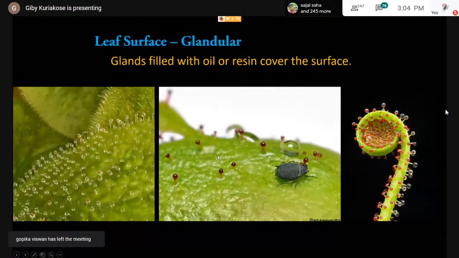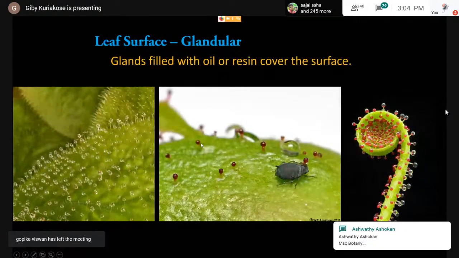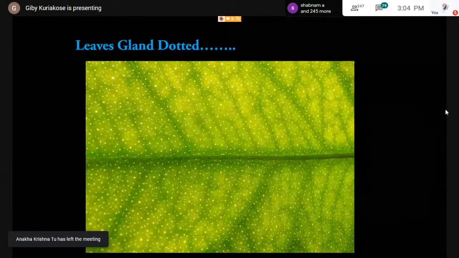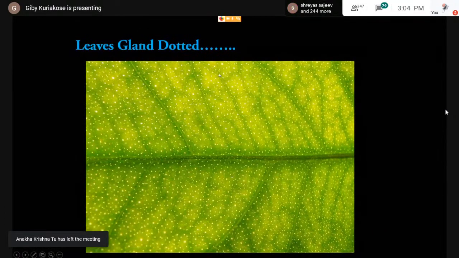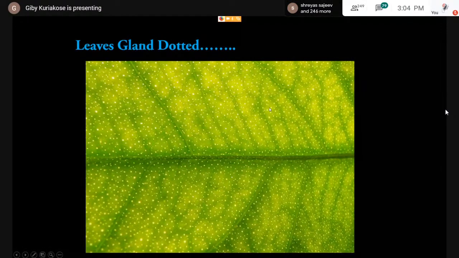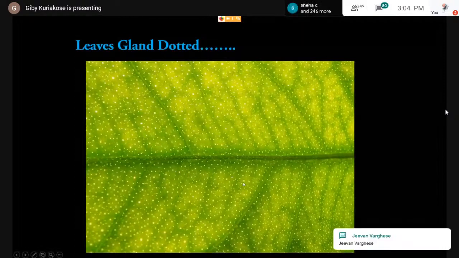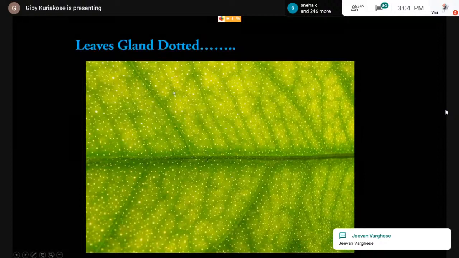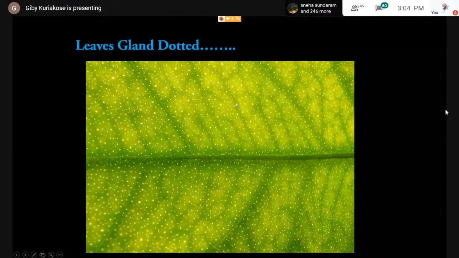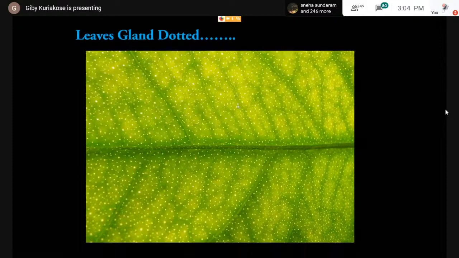Depending upon the nature and structure, you can classify glands. Then gland-dotted leaves. The glands are embedded in the leaf, so when you keep the leaf against light, you can see that there are glands. Not only the leaves, but also the veins are gland-dotted. Such leaves are called gland-dotted leaves, especially in the family Rubiaceae.